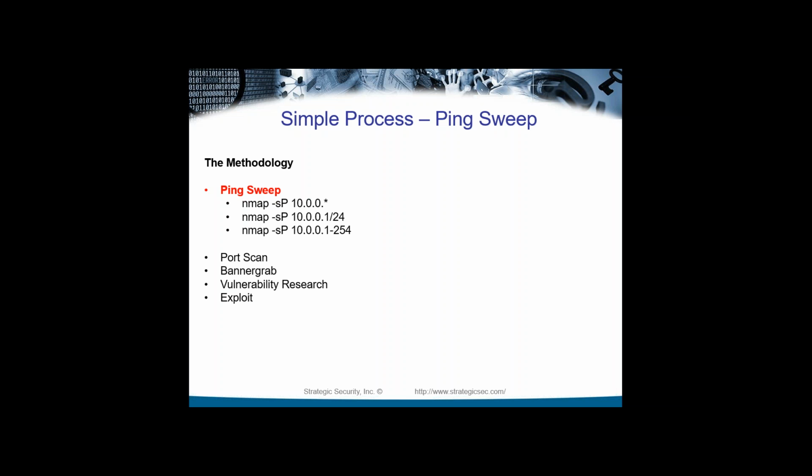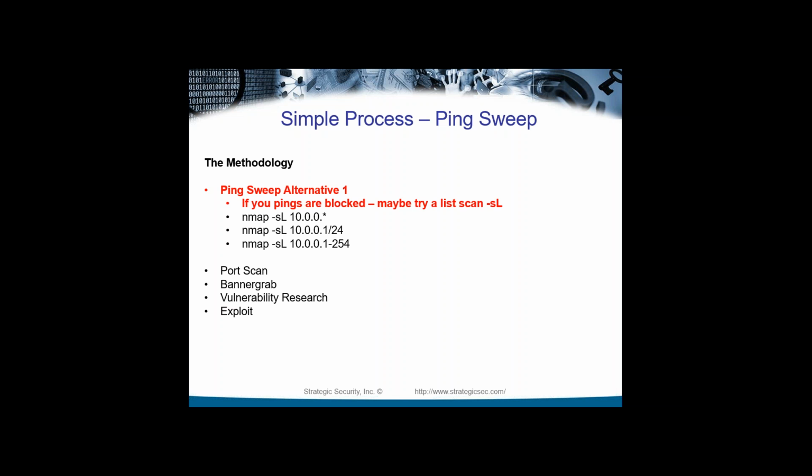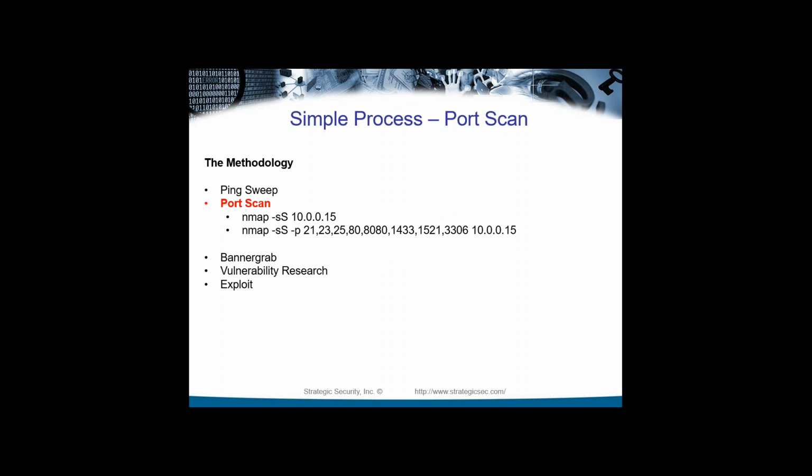The hosts that come back alive are the hosts that are reachable. After that, you're probably going to try to port scan. Now, you can just use a default scan, or you can say, hey, I want to scan for a specific list of ports.